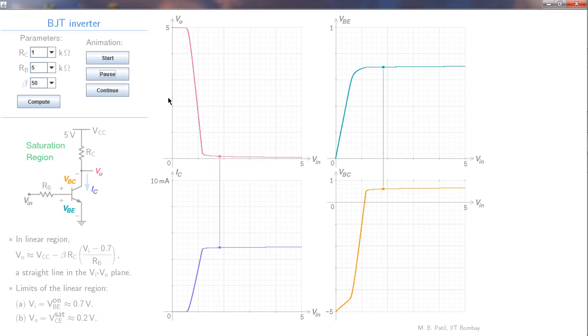What happens to the extra voltage? This is increasing, this is constant, so the extra voltage gets dropped across RB. So things really don't change after this point.